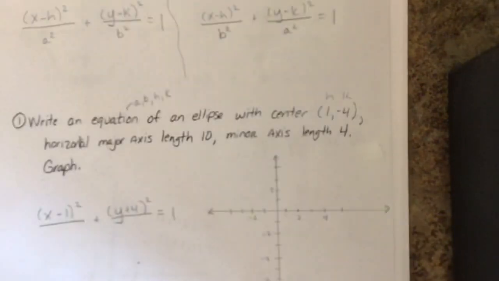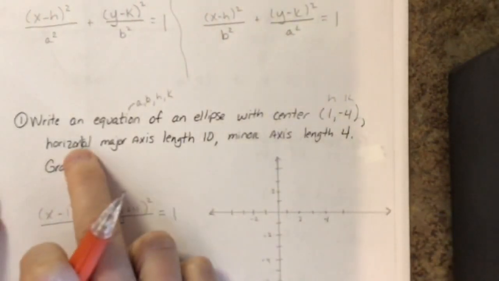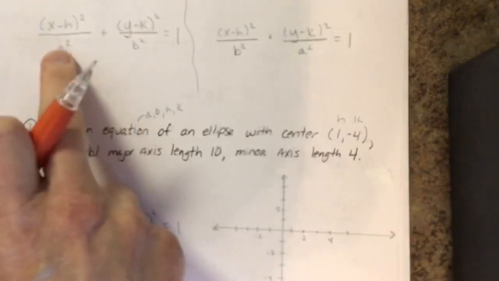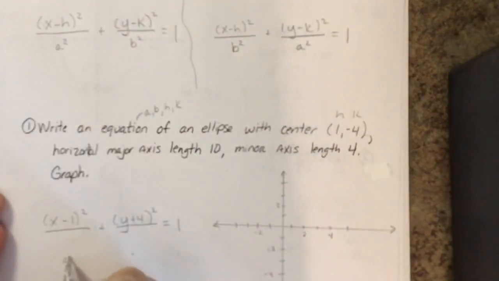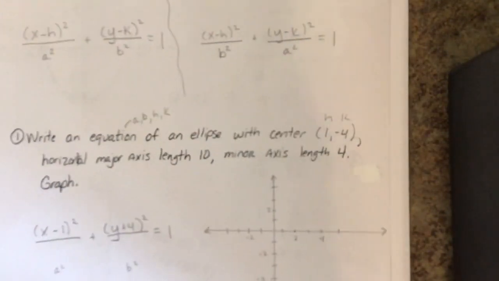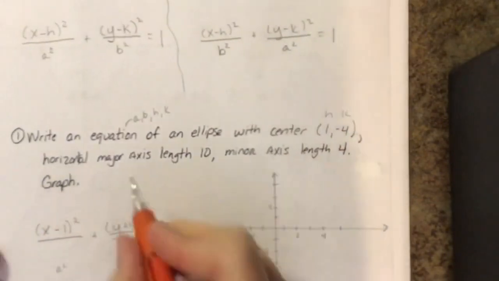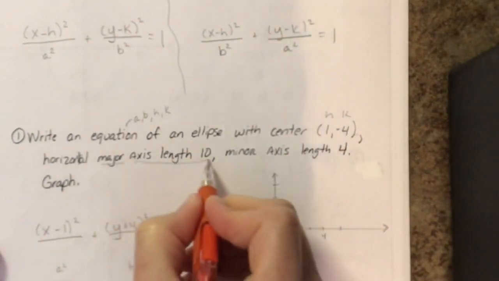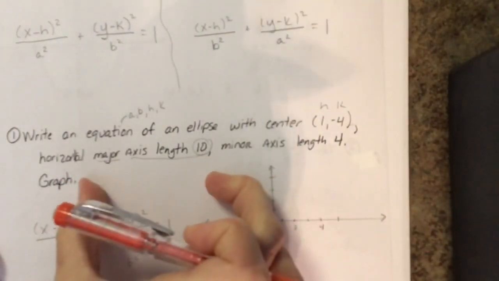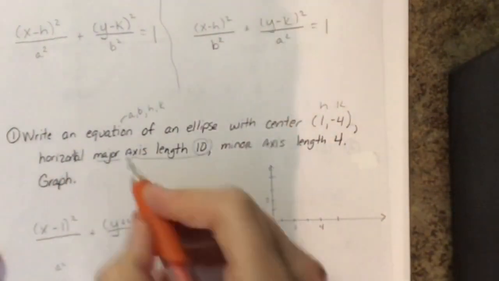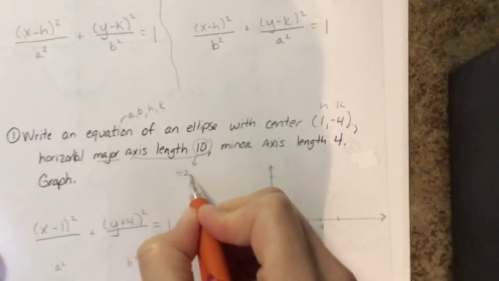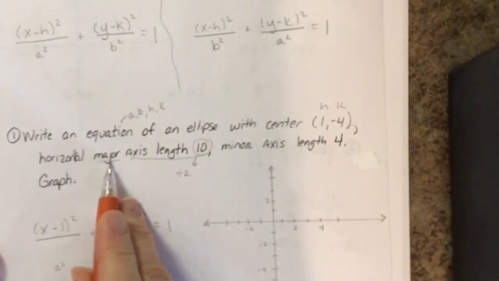Now, horizontal is the major. That means a squared goes under the x squared, b squared goes under the y squared. How do I find a? Well, the major axis length is 10, the entire length. So all you do is take the major axis length and divide by 2 to get your a.